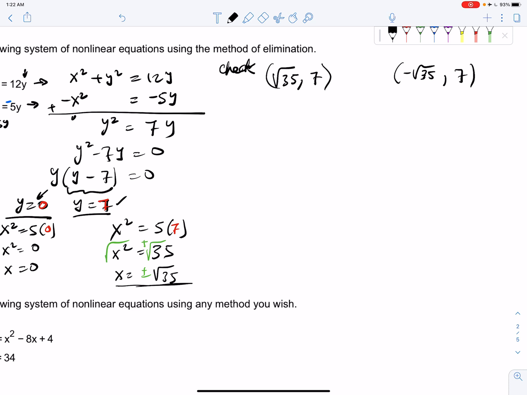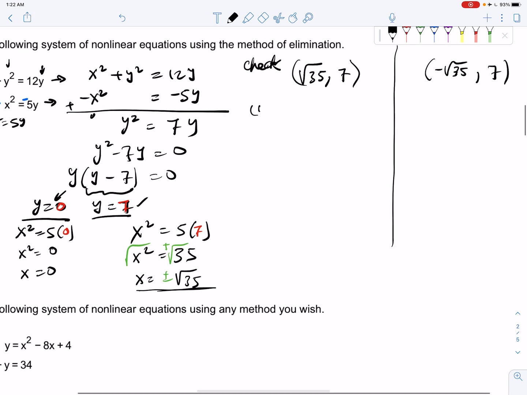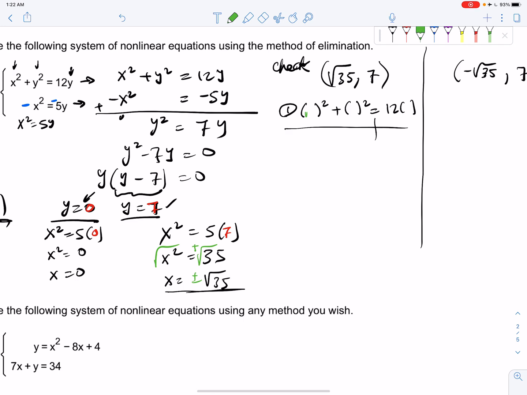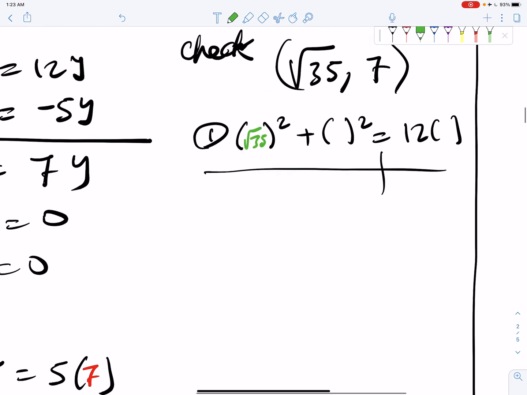So I'm running a check here. So what does that mean? That means both equations have to work. So let's do the first one. Equation number 1 says x squared plus y squared equals 12 times y. Well, x is the square root of 35, and y equals 7.